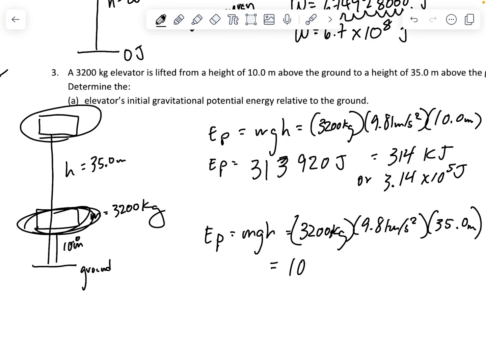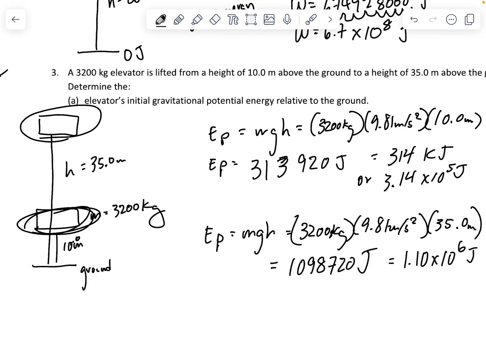So this will be 1,098,720 joules. So that's equal to 1.10 times 10 to the 6 joules.